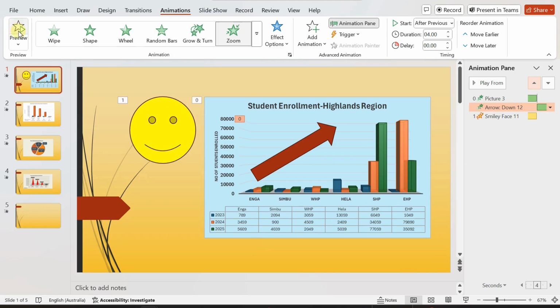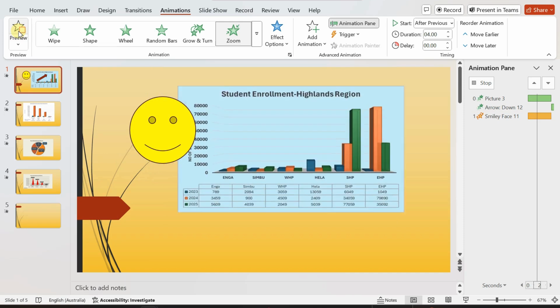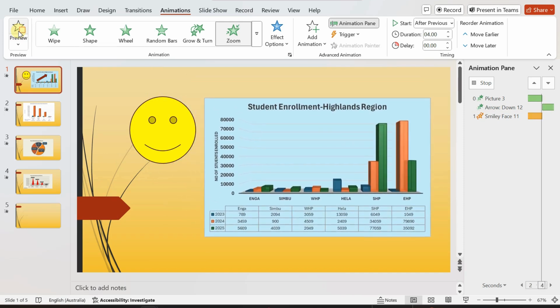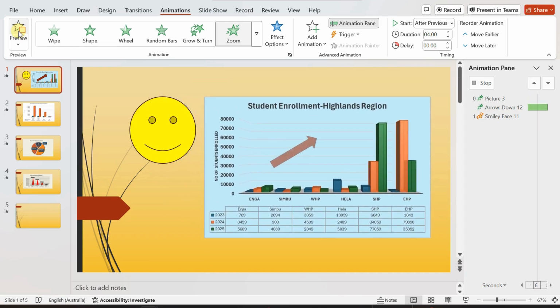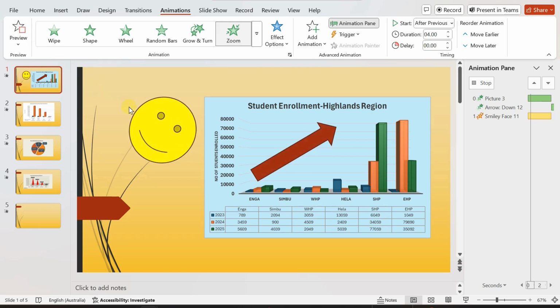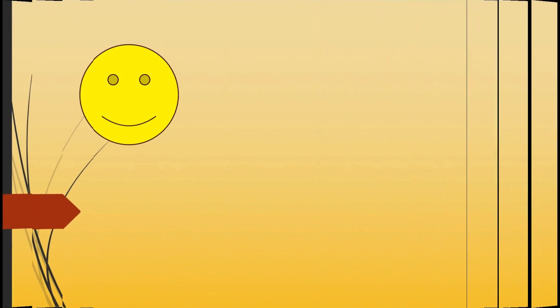So if I go and preview, there you can see that the graph comes first, then the arrow, and then the animation. So if I go here and run it, okay, so the smiley comes first.